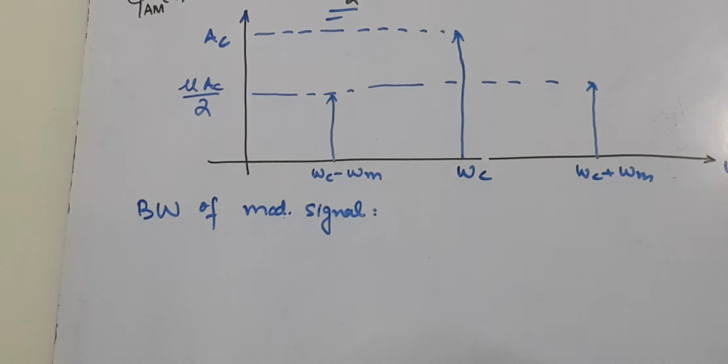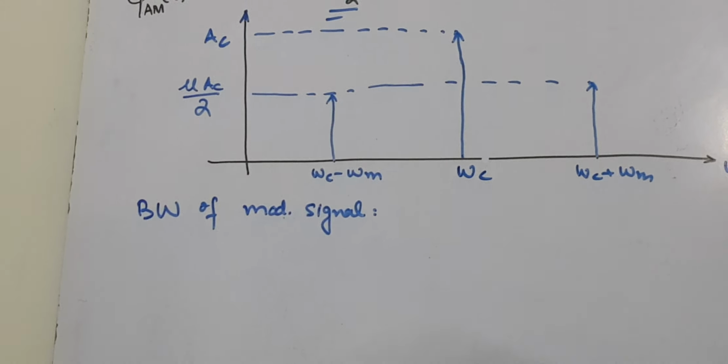If you look at that signal, beyond this portion you don't have any signal, and beyond that portion you don't have any signal either. So this is your high frequency, and this is your low frequency. If you write the higher frequency, omega C plus omega M, minus the low frequency, omega C minus omega M, the omega C cancels out and that equals 2 omega M.